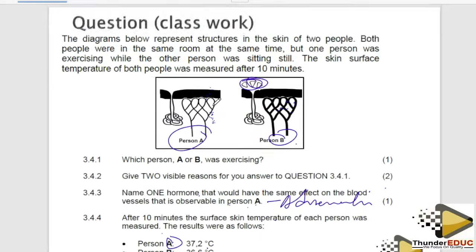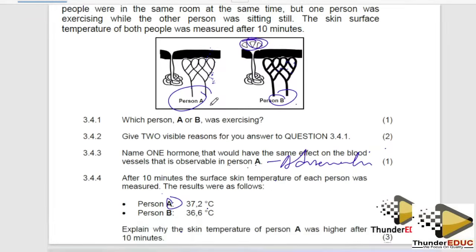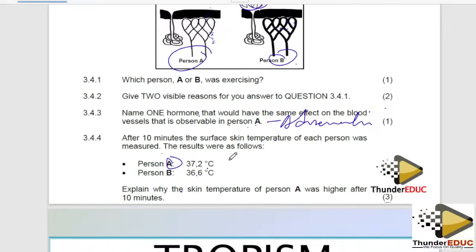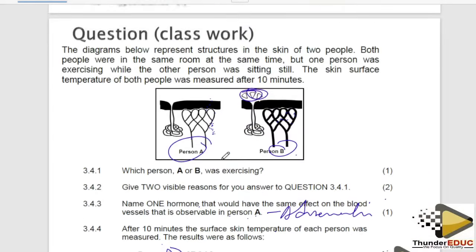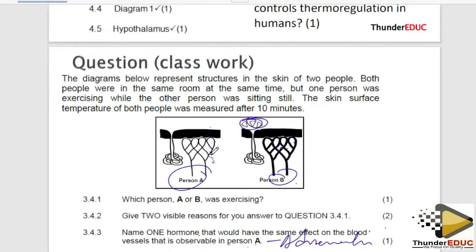Did they say person A is the one who was exercising? They're saying after 10 minutes the skin surface of the person was measured. The result is here. Explain why the skin temperature of person A was higher. Where is person A? We need to find out.